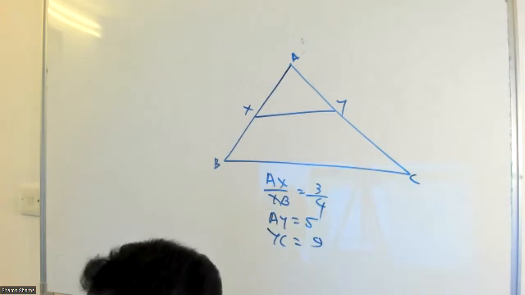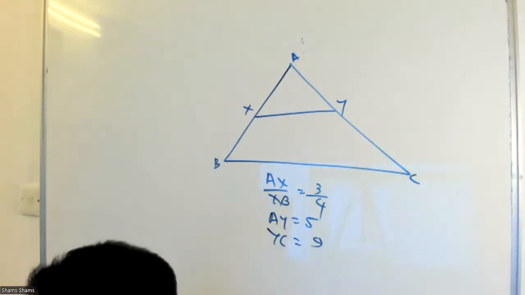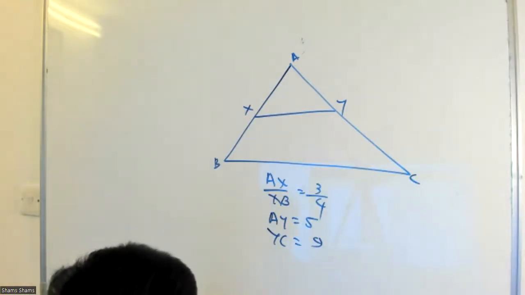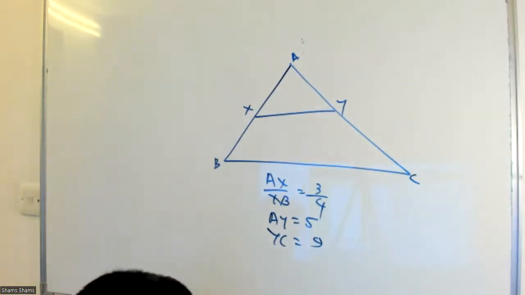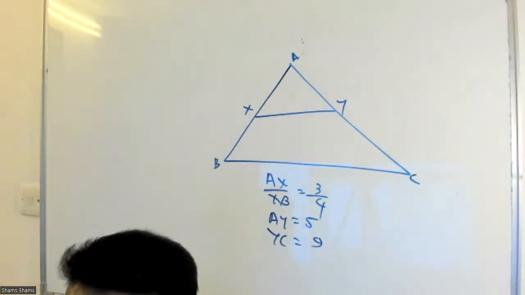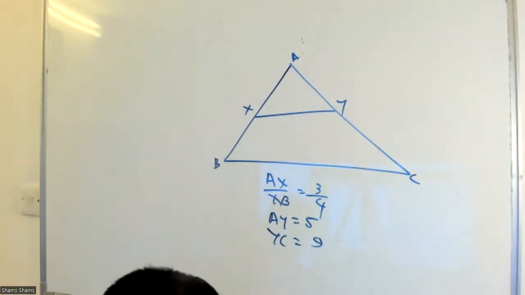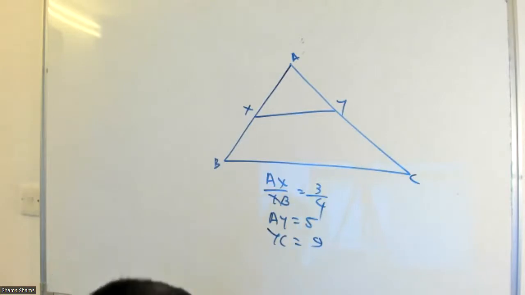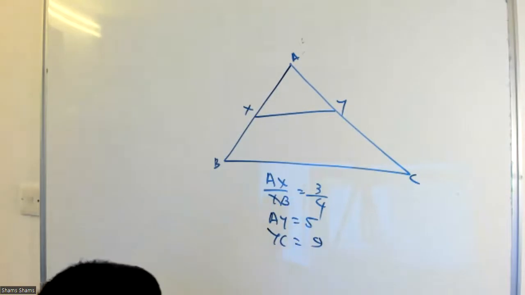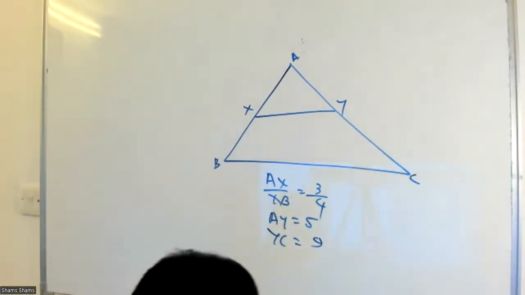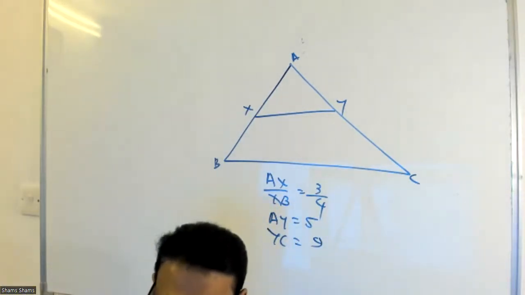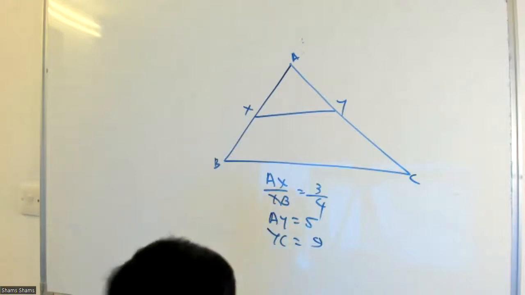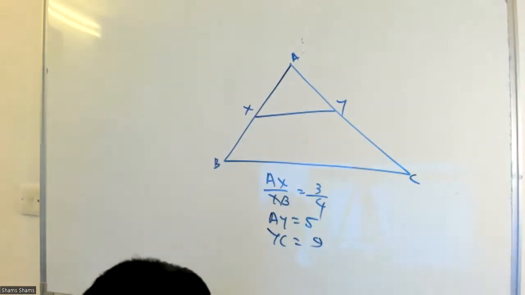AY equal to 5. YC equal to 9. Then state whether XY parallel to BC or not.